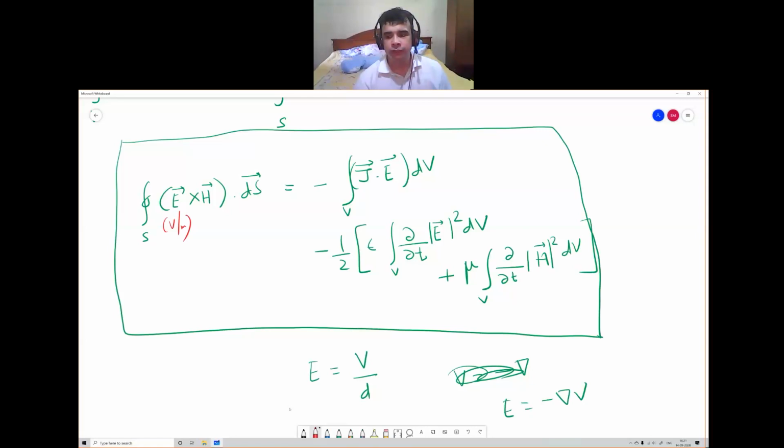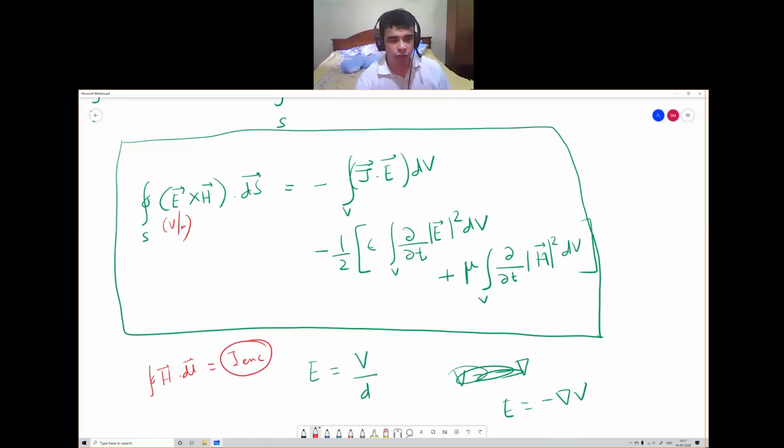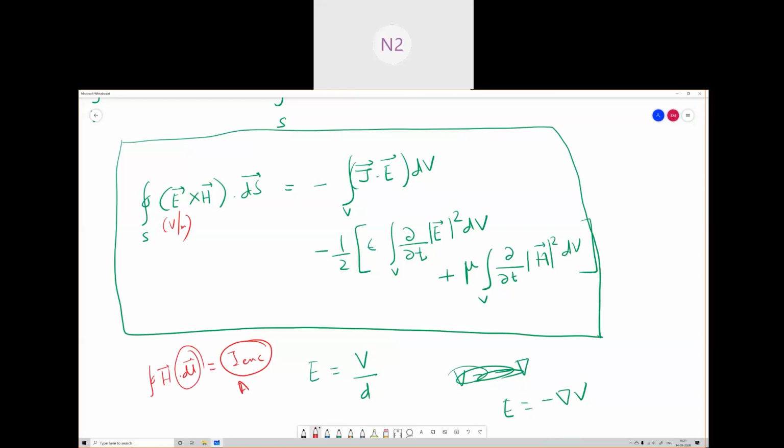In integral form, what does it say? The closed line integral of H dot dl equals what? I enclosed. So what is the unit of I enclosed? Amperes. What is the unit of dl? Meter. So what should be the unit of H? Ampere per meter.